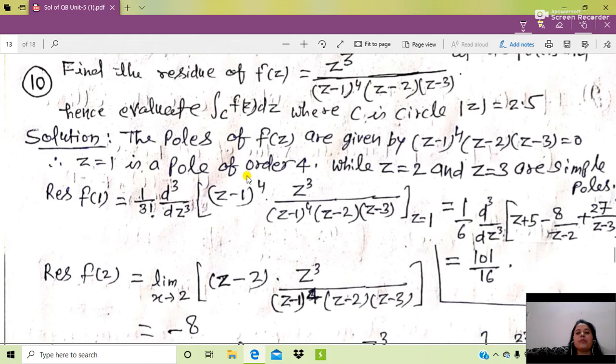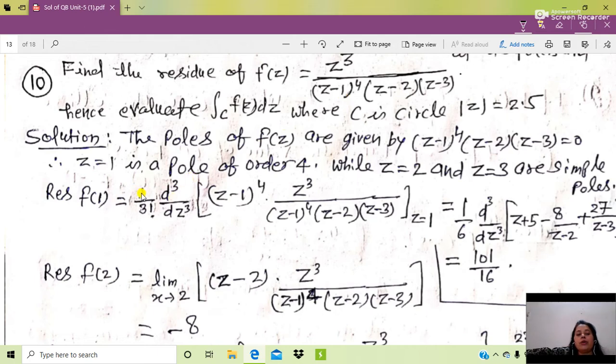So to calculate residue at f of 1, the formula for a higher order pole is 1 upon factorial (n minus 1) derivative of (z minus a) to the power n into f of z. In place of a we have to put 1 and in place of n we have to put 4.